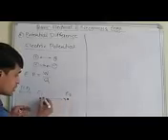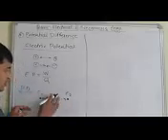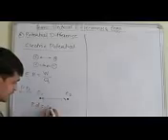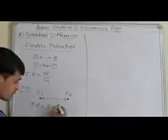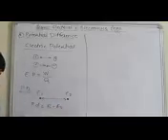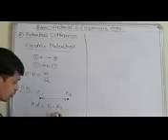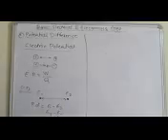Therefore, potential difference is equal to E1 minus E2 if E1 is at a higher potential than E2, or E2 minus E1 if E2 is at a higher potential than E1. This is the potential difference.